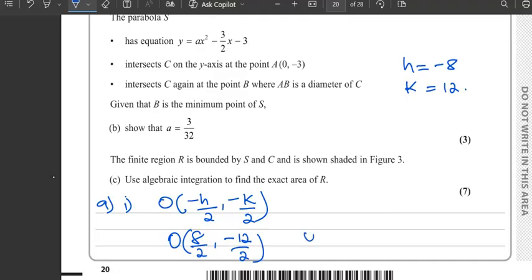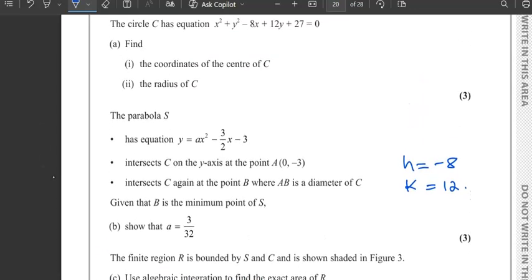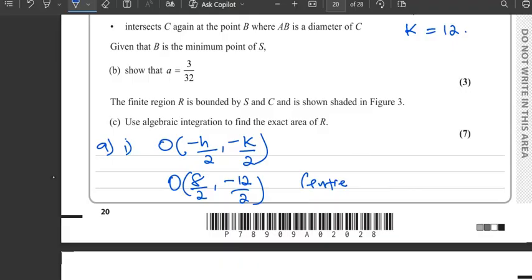So the coordinates of the center will be 4, negative 6.